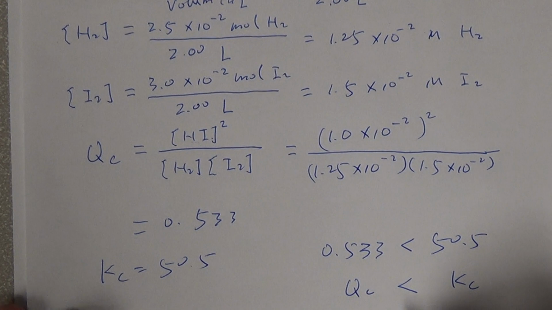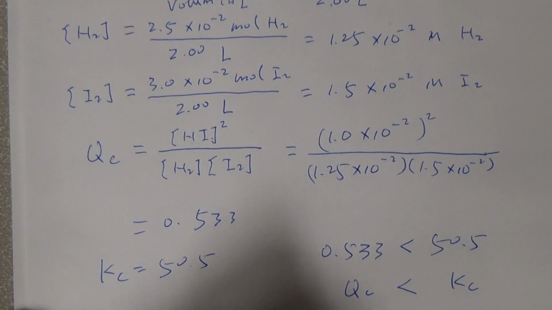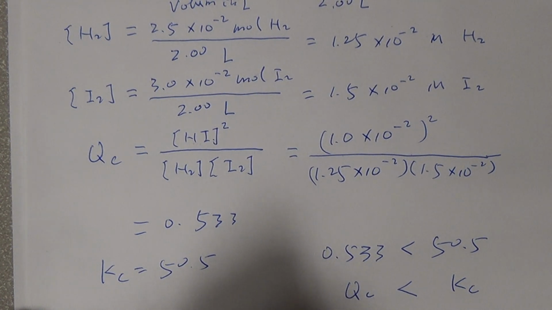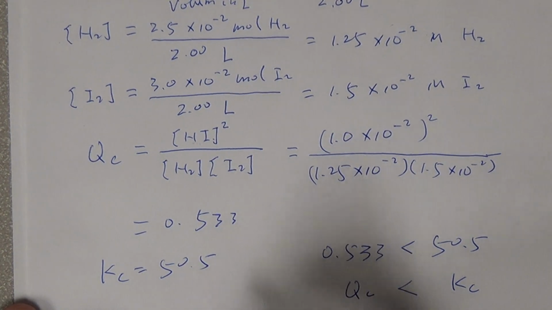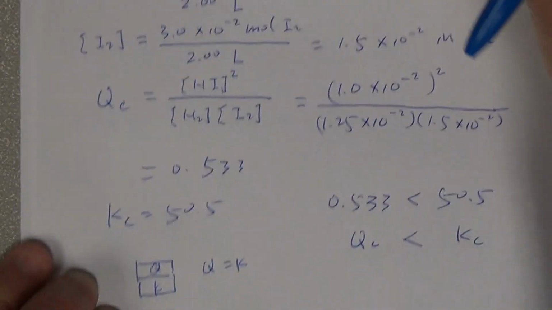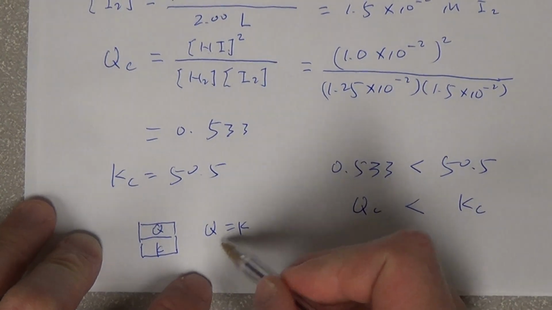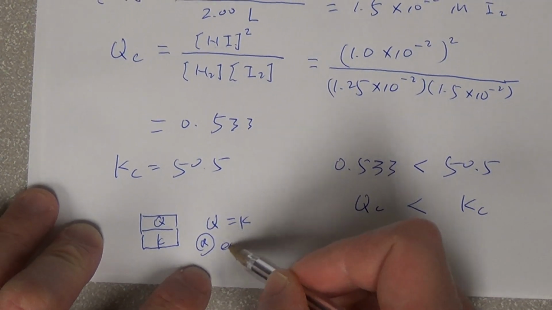Now you can think about that picture: if this is the Q and this is the K, if Q equals K, then it is at equilibrium.